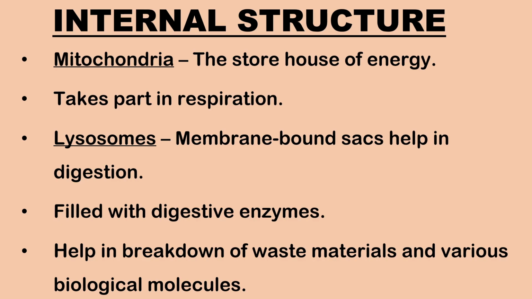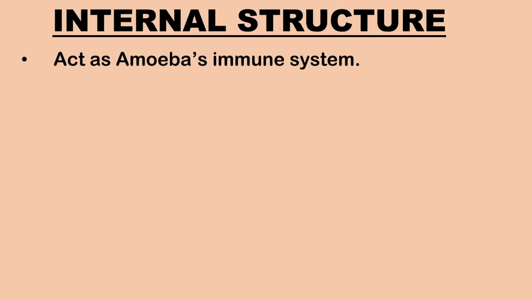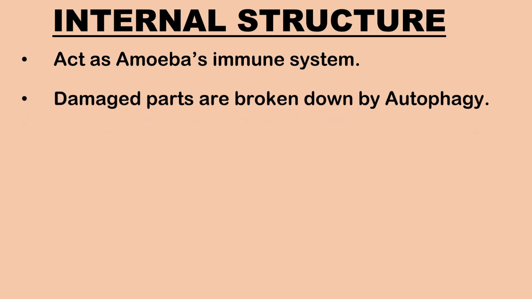They help to break down waste material, cellular debris, and various biological molecules. They act as amoeba's internal immune system by digesting harmful invaders like bacteria and virus. When any part of the amoeba gets damaged, lysosomes break it down by a process called autophagy.